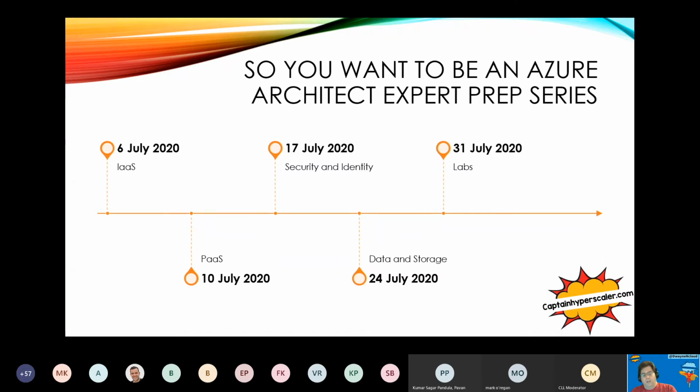So if you are somebody that's very comfortable with identity and access management within role-based access within the Azure environment and Azure Active Directory, this may be second nature to you. But for many of you, you may be new to Azure Active Directory, and identity and access management and security are a very key piece and key component around all of the Azure exams.